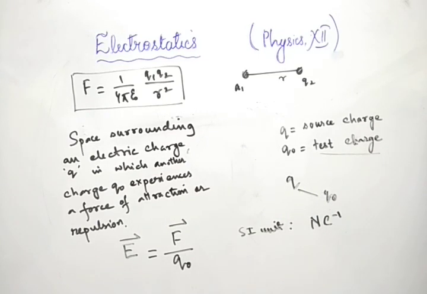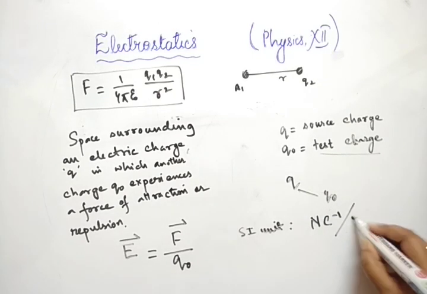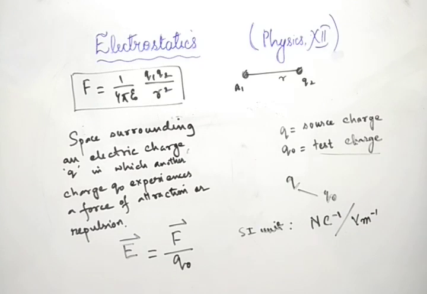Let me add another point: it has another unit also, volt per meter. Newton per Coulomb or volt per meter. You can easily find it out. This is a task, you can do it by yourself.